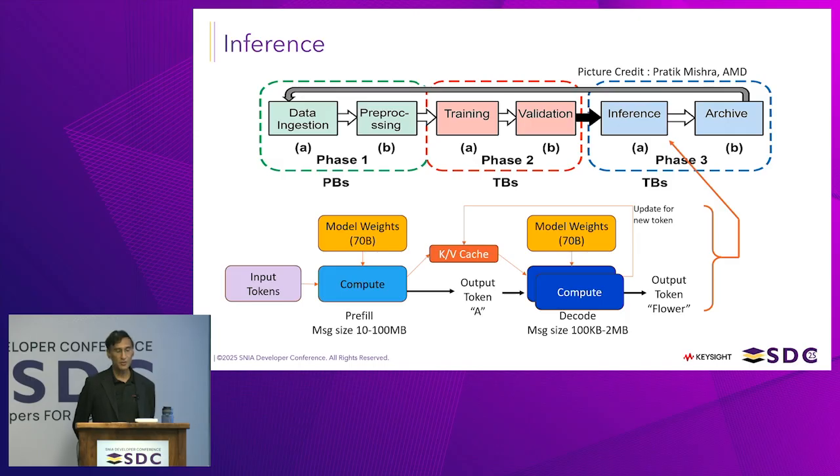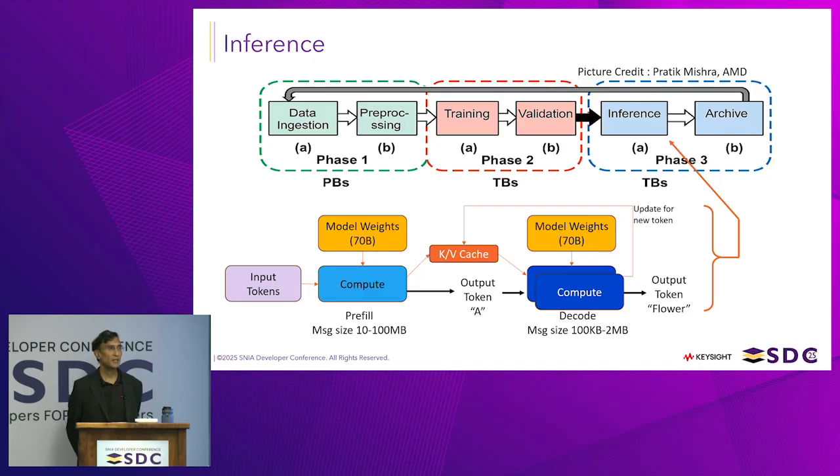Jumping onto the inference, you heard enough about KV cache. I won't describe it, but a couple of things are happening there, definitely specialized GPUs or accelerators for each stage. That changes the modeling part one more time, right?